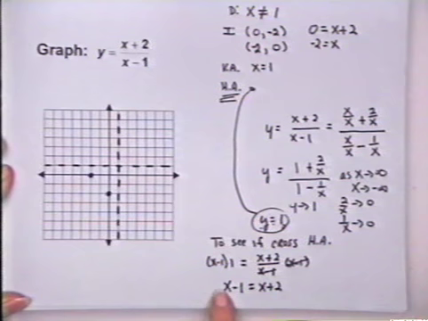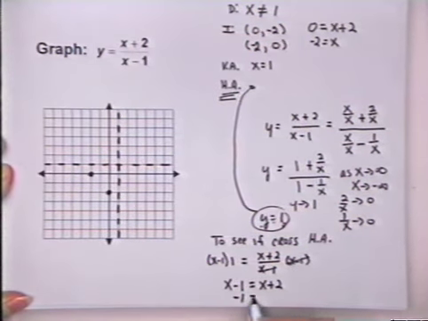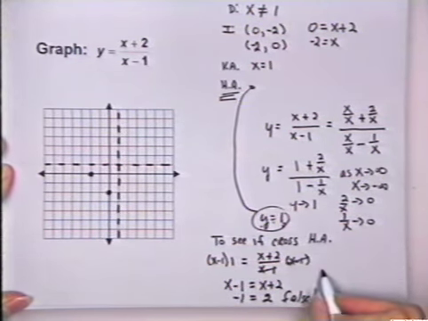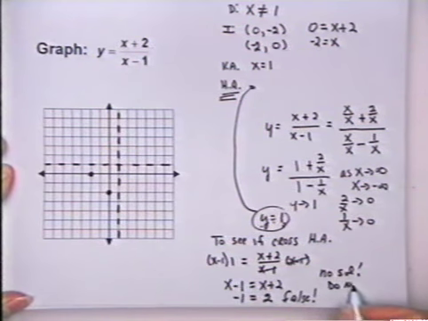Look at this equation. If I subtract x from both sides, my statement says negative 1 equals 2, which is a false statement, which says there's what? There's no solution, and if there's no solution, then I do not cross this horizontal asymptote.